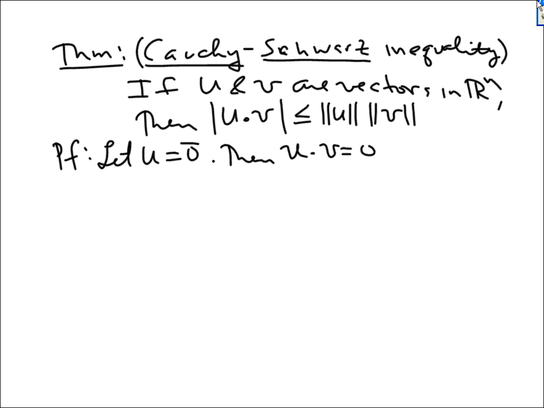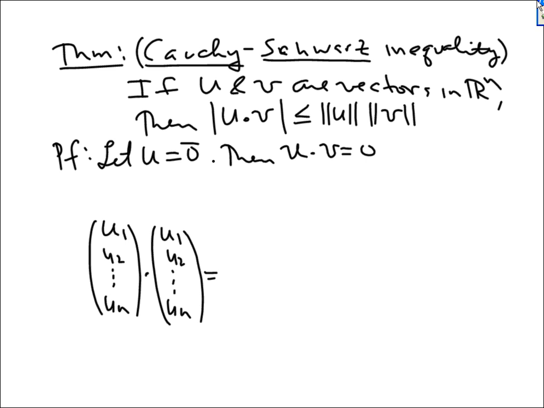If U is U1, U2, up to Un, and I dot it with itself, when I multiply the first values, I get U1 squared, which is either 0 or above. If U1 is 0, you square it, you get 0.